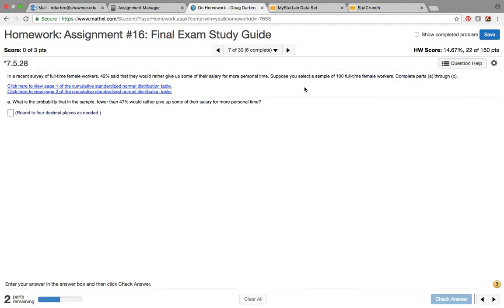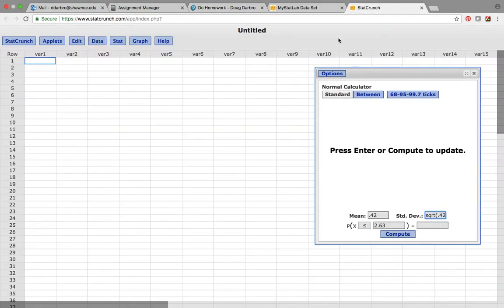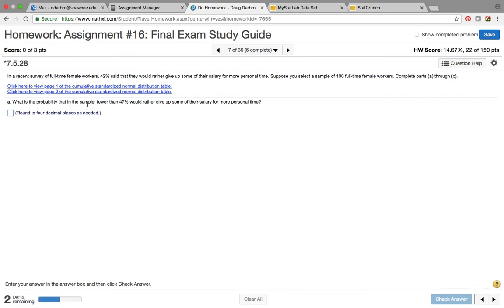So it said 100. And close it up. So we want fewer than 0.47.